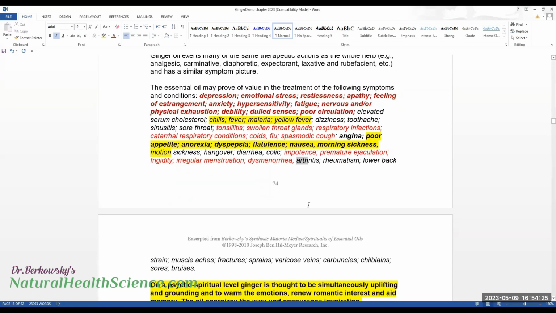Right here, going all the way down to here, we have arthritis, rheumatism, low back pain, muscle aches, sprains. And so we see that ginger oil would be useful for those people who complain a lot about, oh, my back and my knees, and I had to have a hip replacement.